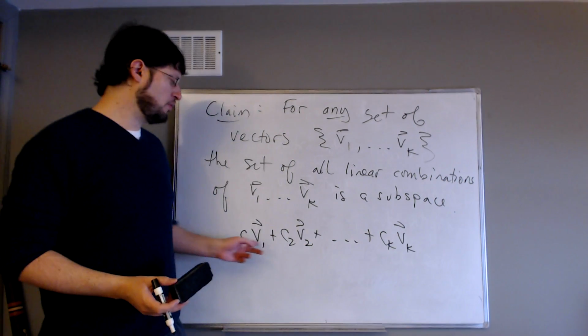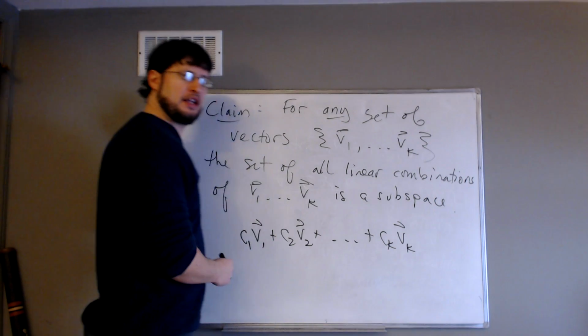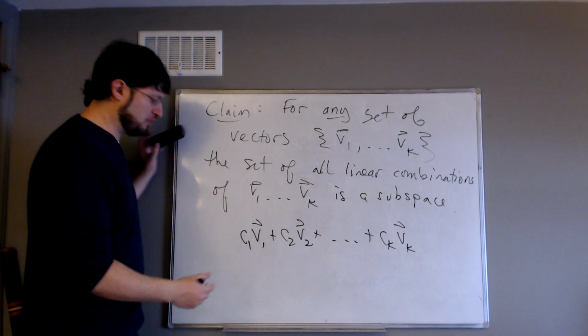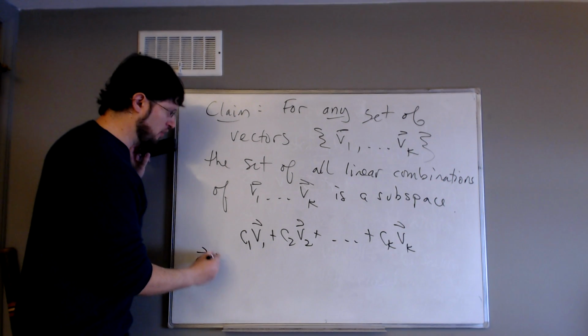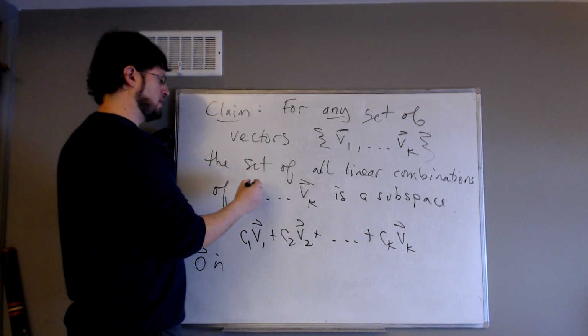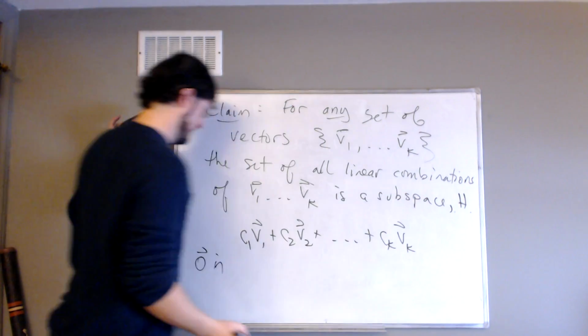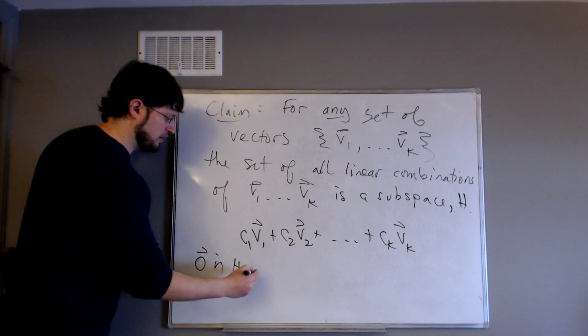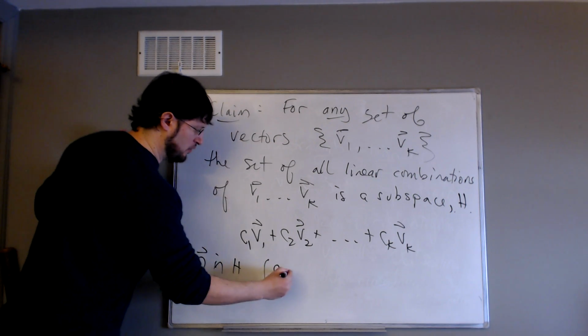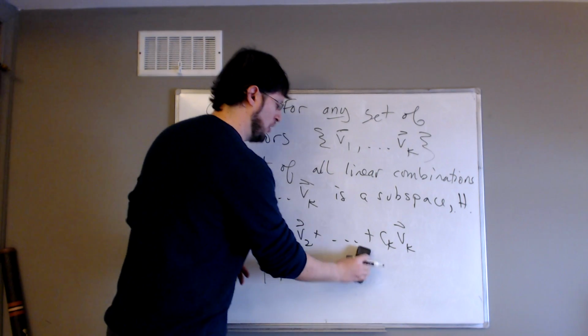If every C1 through CK is 0, well then that's a linear combination of these vectors, and I get the 0 vector back. So the set of all linear combinations, let's call that H. Then 0 is in H because I can set them all to equal 0.